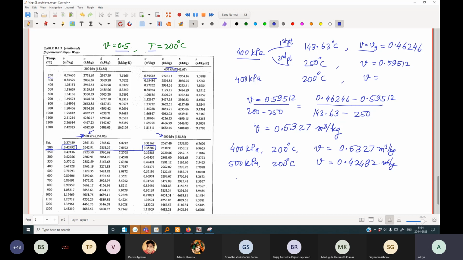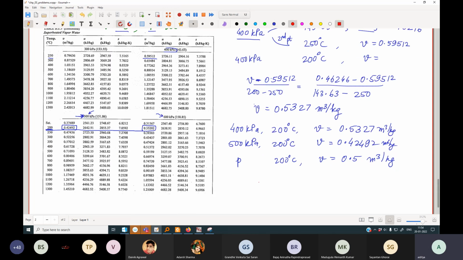And we want to know at 200 degrees Celsius, what will be the pressure P which corresponds to a value of 0.5 meter cube per kg. Alright, let's again do the interpolation.